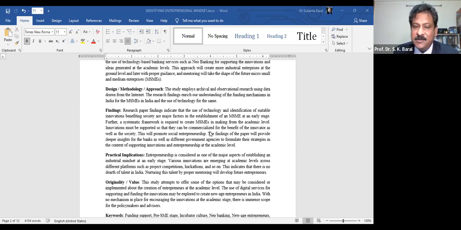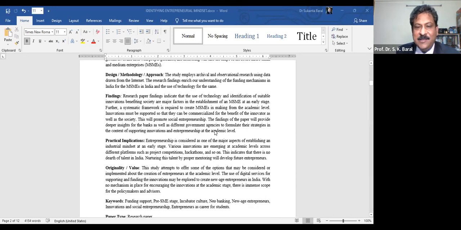So we must guide them professionally, and innovations must be supported so that they can be commercialized for the benefit of innovators as well as the society. So these are my findings, and the findings of this paper will provide deeper insights for the banks as well as different government agencies to formulate their strategies.